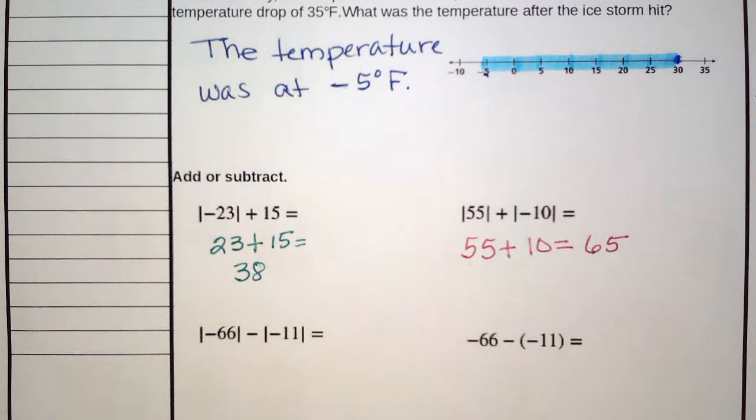Okay, so looking at this, is it starting to make sense, the fact we're looking at the distance? So we remove those signs before we do the adding or subtracting.